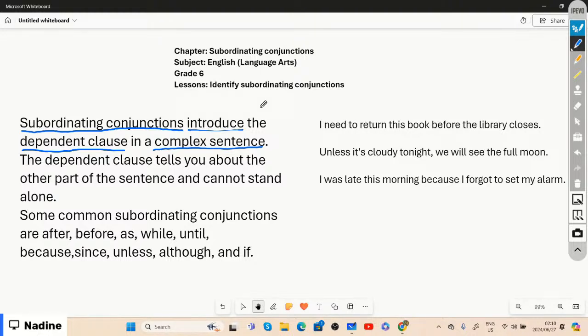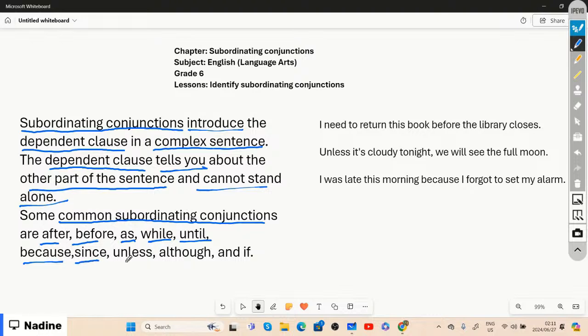And the dependent clause tells you about the other part of the sentence and it cannot stand on its own. And remember, the other part of the sentence is the independent clause. Some of the common subordinating conjunctions are words like after, before, as, while, until, because, since, unless, although, if. Those are subordinating conjunctions.